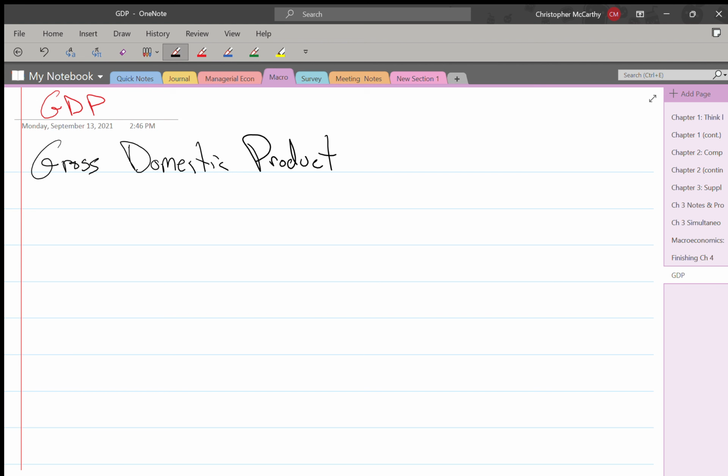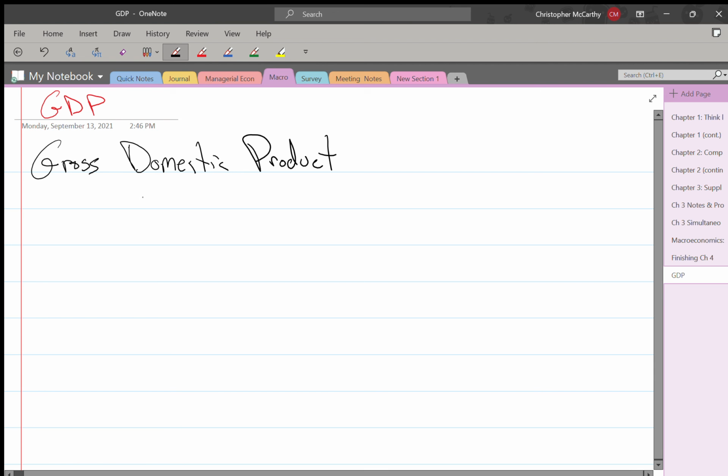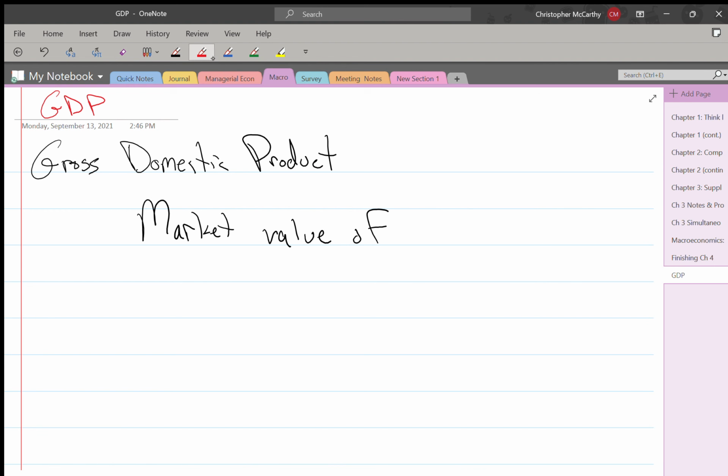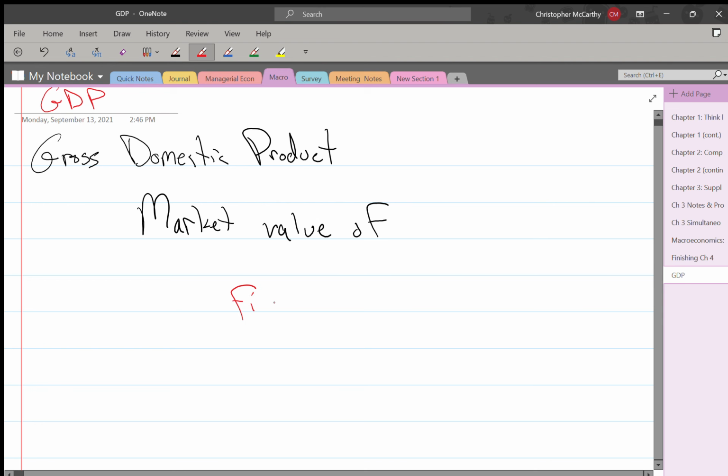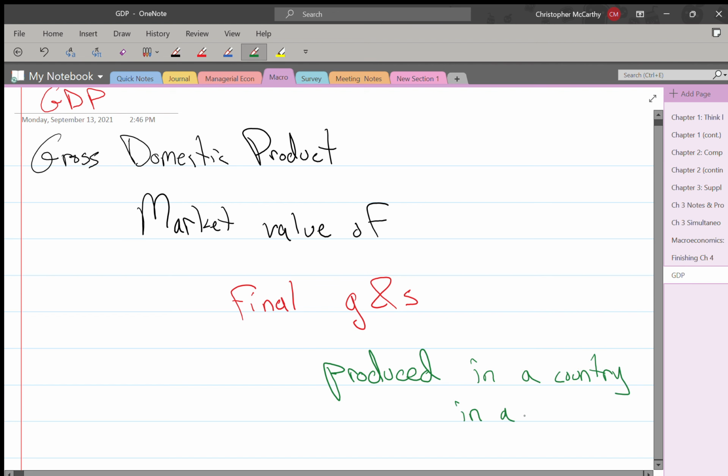So our gross domestic product, otherwise known as GDP, is the market value of the final goods and services that are produced in a country in a period of time, almost always a year.